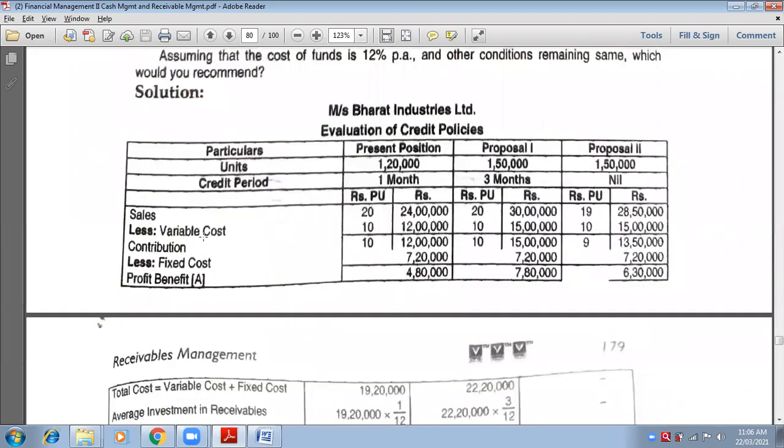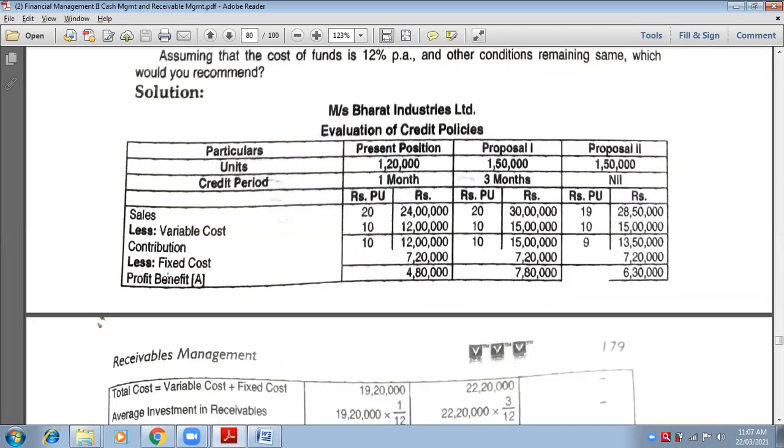Come on. Contribution minus fixed cost will give you net profit. Yes or no? So write down contribution, and below that, less fixed cost. This will be my balancing figure, because net profit is given.